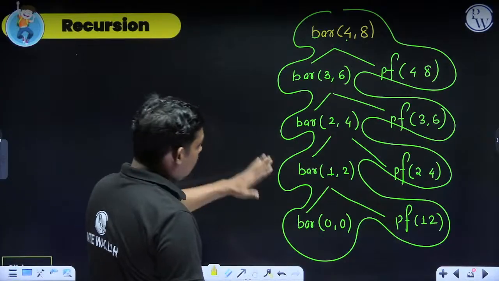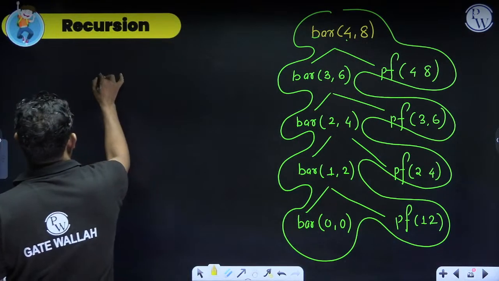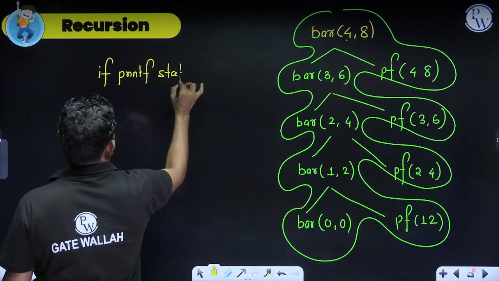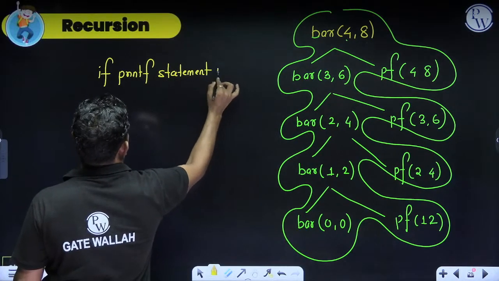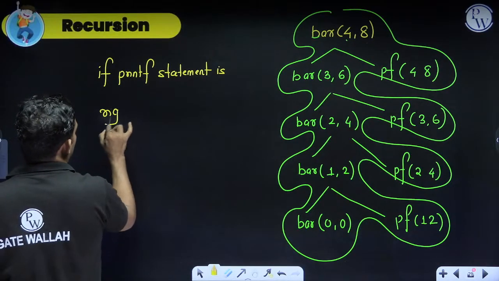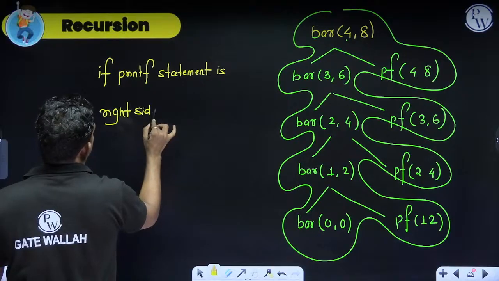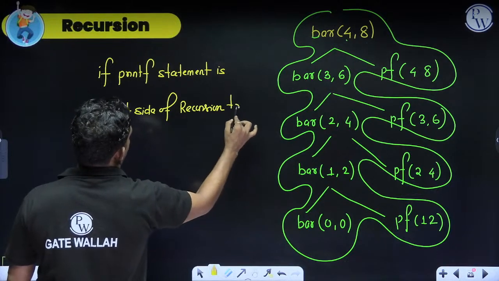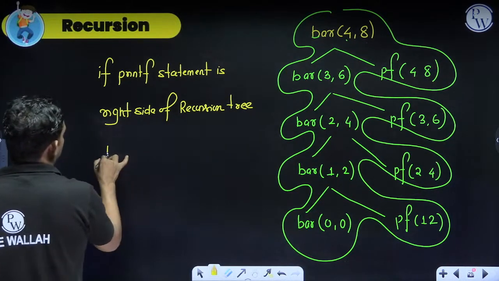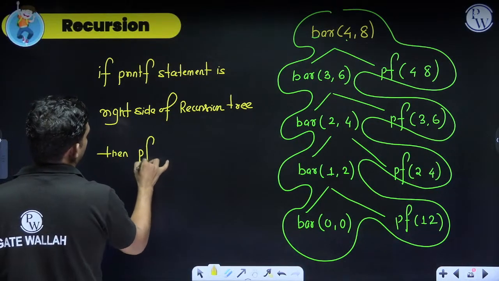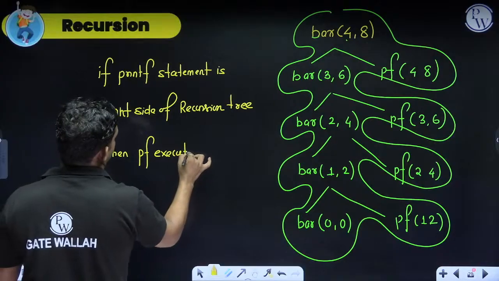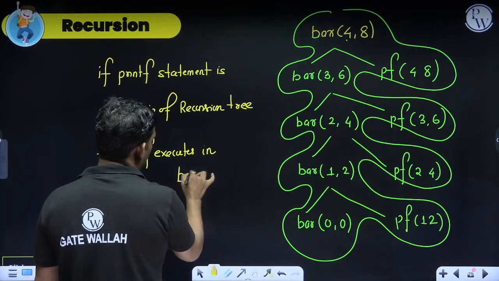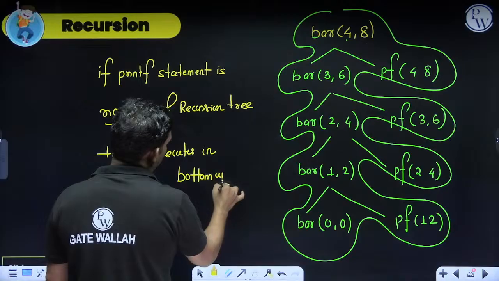If the printf statement is on the right side of the recursion tree, then printf executes in bottom up manner.